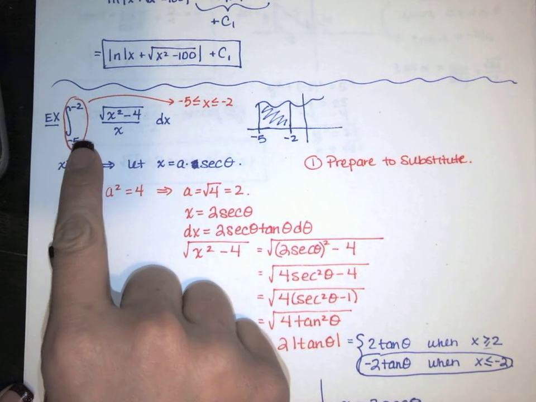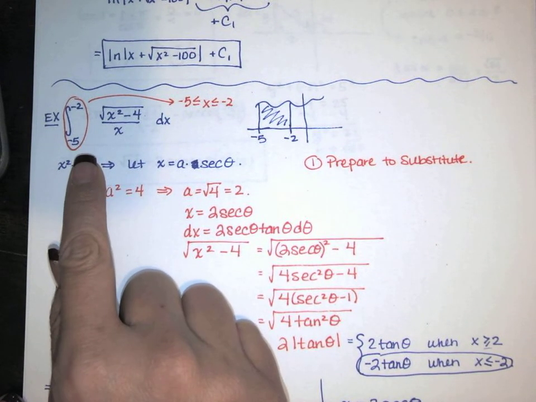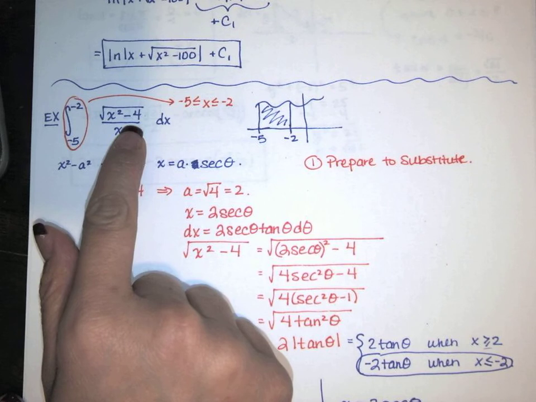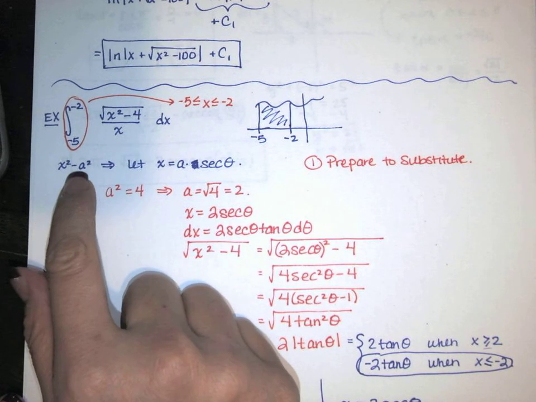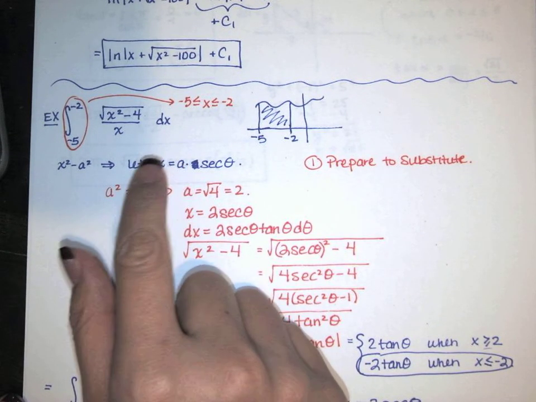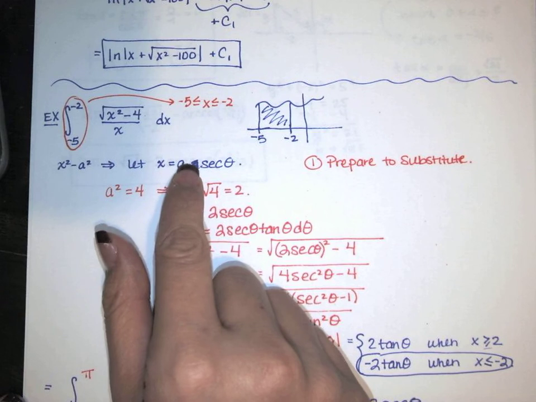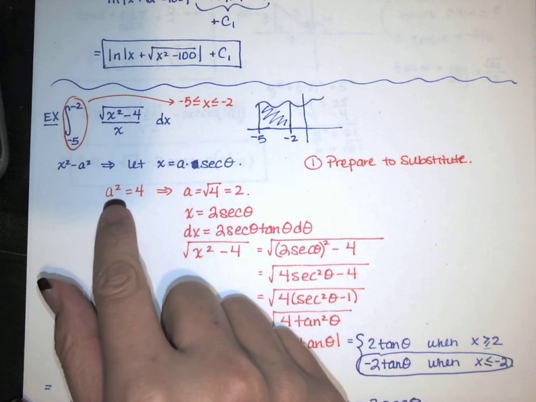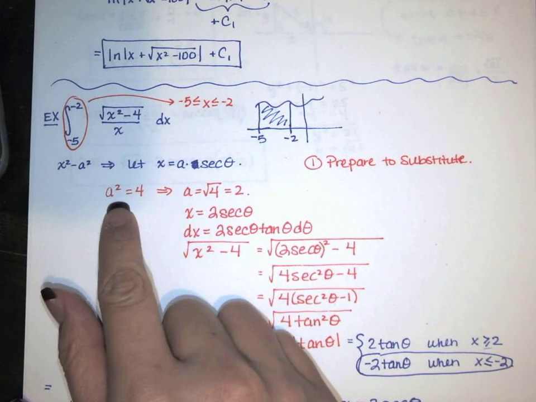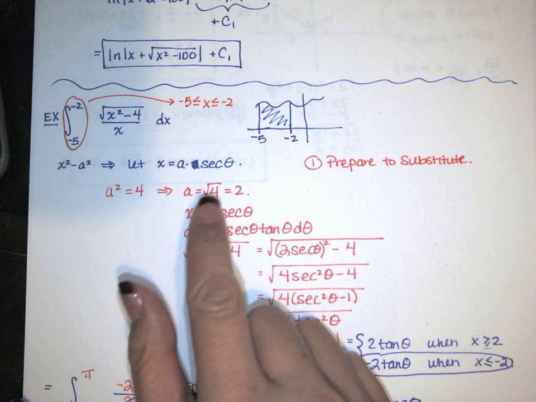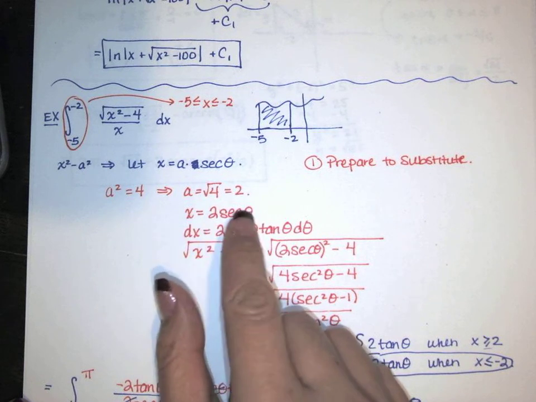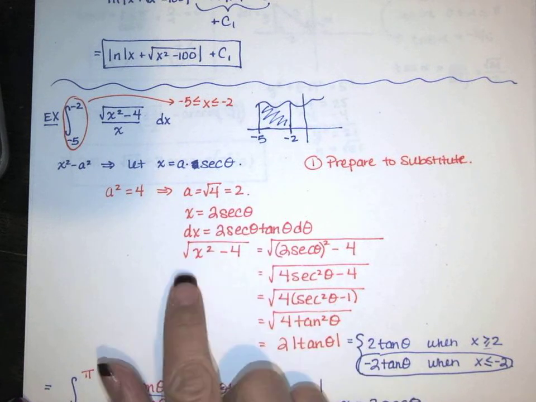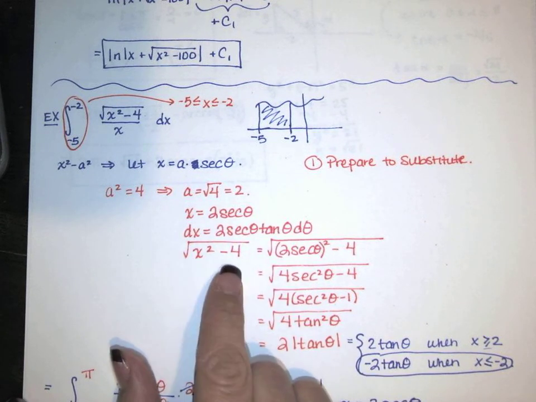So first I notice that I've got bounds, which is a little different than the other problems. And I've got an x squared minus a squared in my integrand. So I'm going to make a secant substitution. I identify a squared is 4, find a, then let x equal a secant theta, find out what dx would have to be, and then simplify the square root of x squared minus a squared.